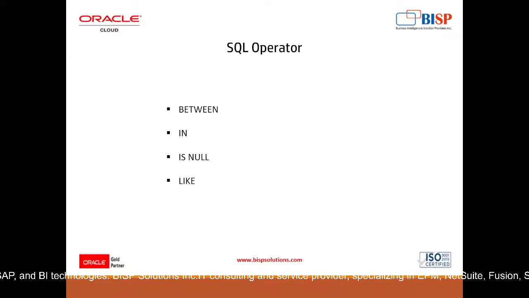Now let's see in. It determines if a value is present in a set of values. Let's say you want to fetch some person ID with values like 101, 102, 103, or 105.